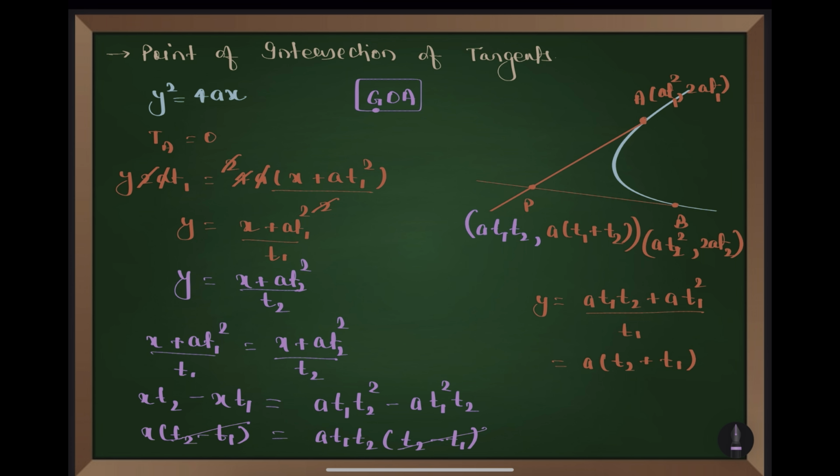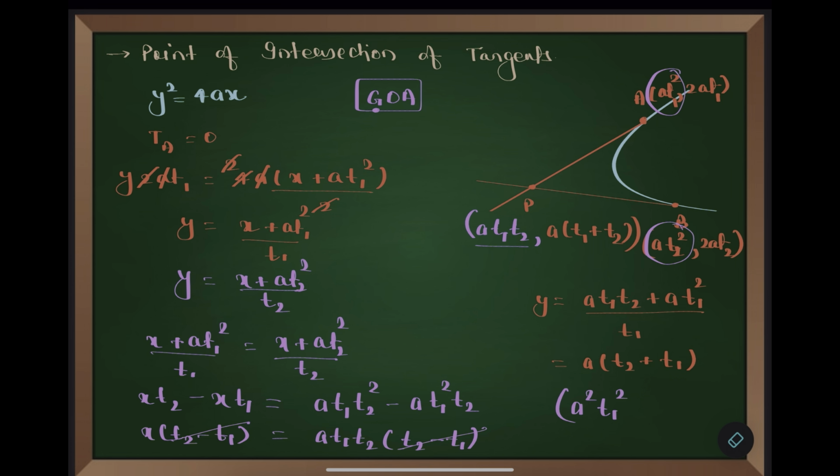Geometric mean. Now you have this, you have this. Now find out the geometric mean of these two things. So you will multiply both things: a square t1 square t2 square, power 1 by 2. So can I write a t1 t2? So you got that idea.